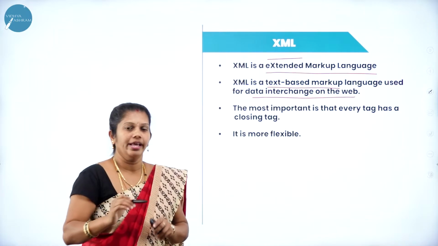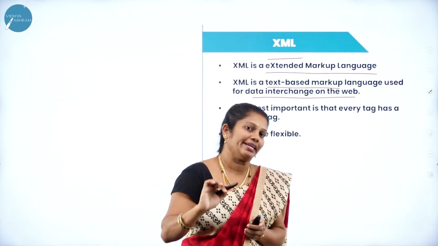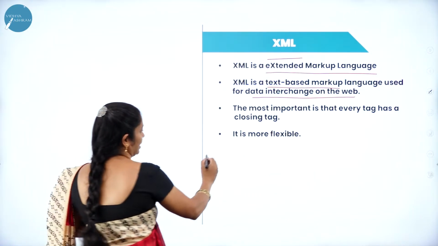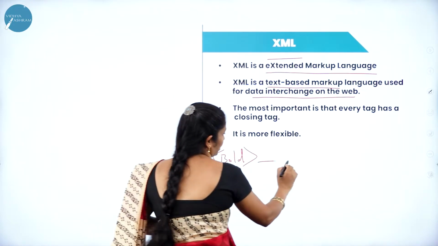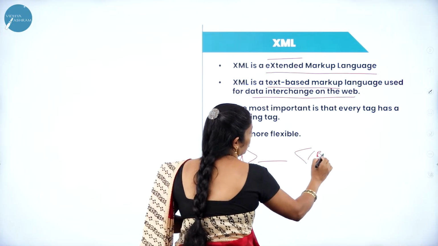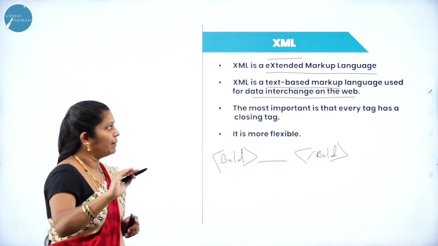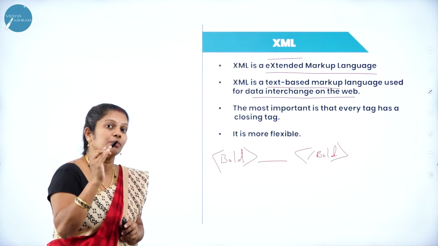Whereas in HTML, if I want to make the text bold, then we use the B tag specifically. Whereas here, I can write my own tag. For example, I can write bold, then whatever text I want I can write, and then I can close the bold tag. It means that here the operations mainly depend on text.